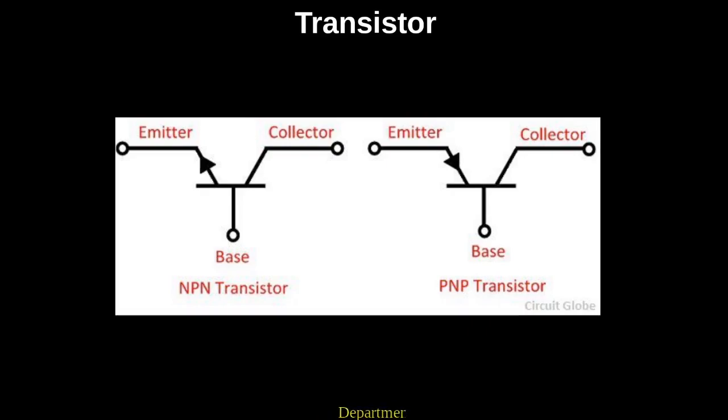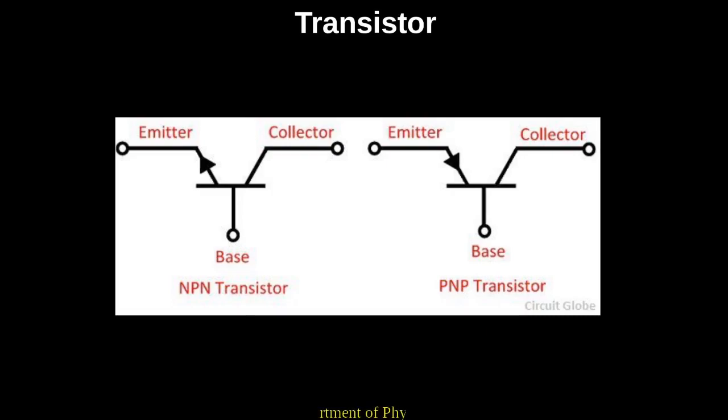Then the remaining terminal is the base. This is the middle section of the transistor and that is known as the base, in both the PNP and NPN. The base forms two circuits. The input circuit is connected to the emitter and the output circuit is connected to the collector. The emitter base junction is in forward bias and offers low resistance to the circuit.